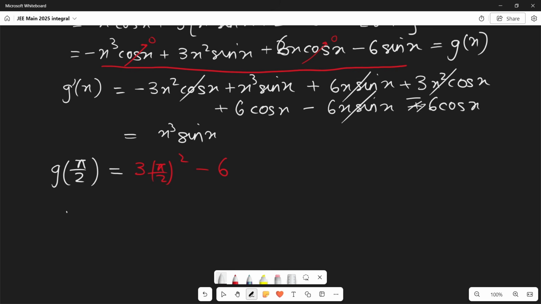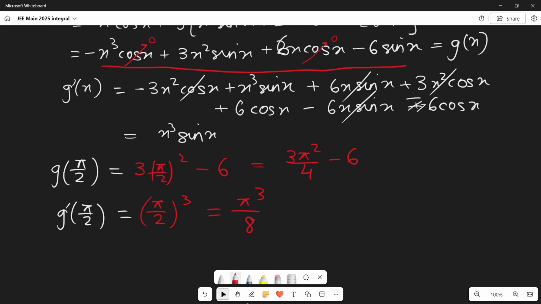Then g dash pi by 2 will be x cubed sin x, and sin pi by 2 is 1, so pi by 2 whole cube. So this is 3 pi squared by 4 minus 6, and this is pi cube by 8.